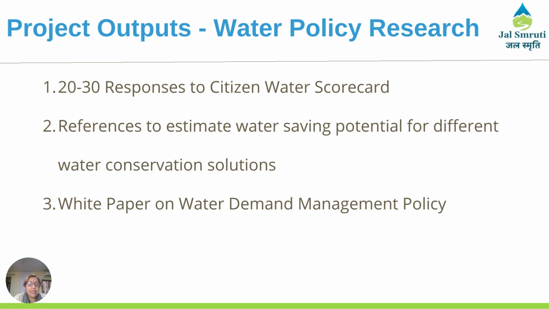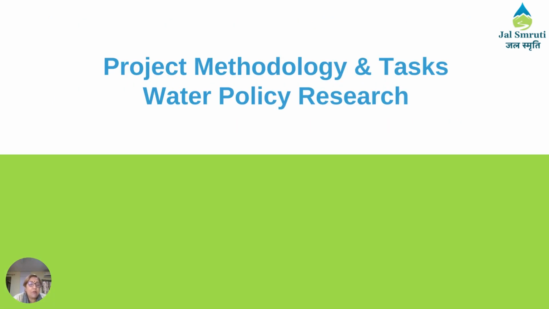Okay, so then comes, let's talk about now the methodology. In order to achieve your objectives of gathering evidence and doing business case analysis, you are going to be using a survey. In this case, one method is a survey using the Citizen Water Scorecard tool, which is kind of a survey form.